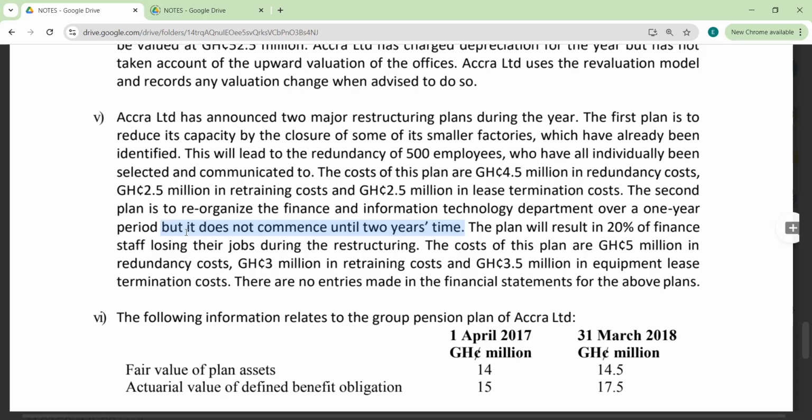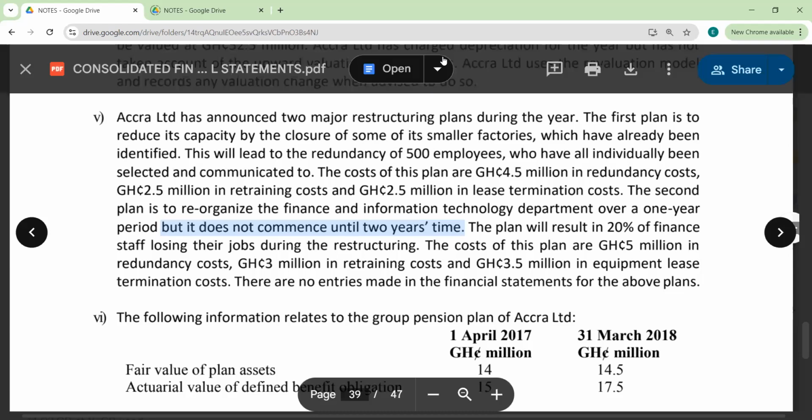They will lose their job in the future, and you have not communicated to them. The cost of the plan is 4 million. Redundancy cost is 3. Training cost 3.5. Equipment leasing termination. There are no other entries. We are done.